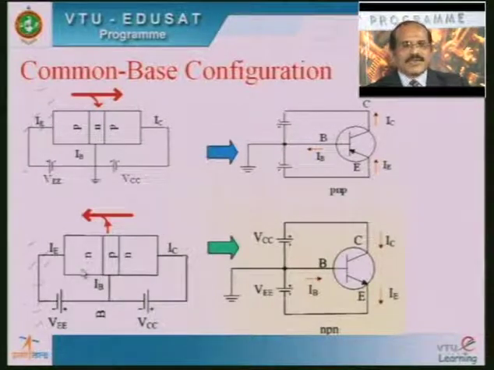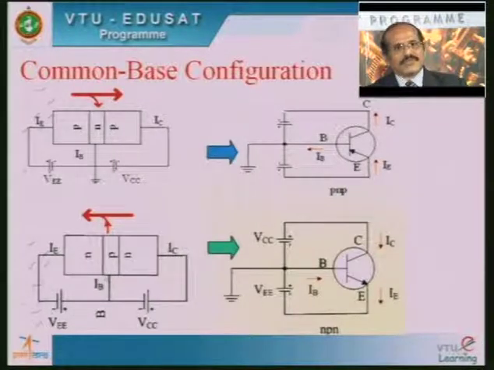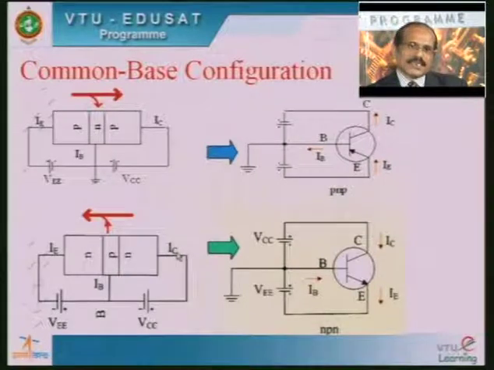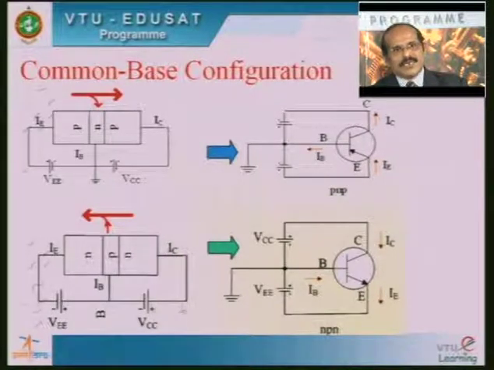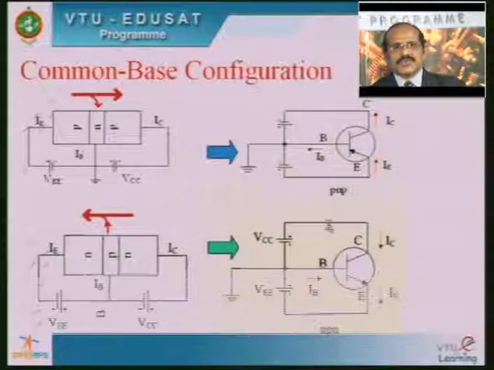Similarly, in the NPN, the emitter base junction is forward biased by connecting the N emitter layer to the negative terminal of VEE with reference to the base. On the other side, the collector, the extreme right N layer, is connected to the positive terminal of VCC with reference to the base, and therefore it is reverse biased. That is what can be seen here in the common base configuration symbolic notation.